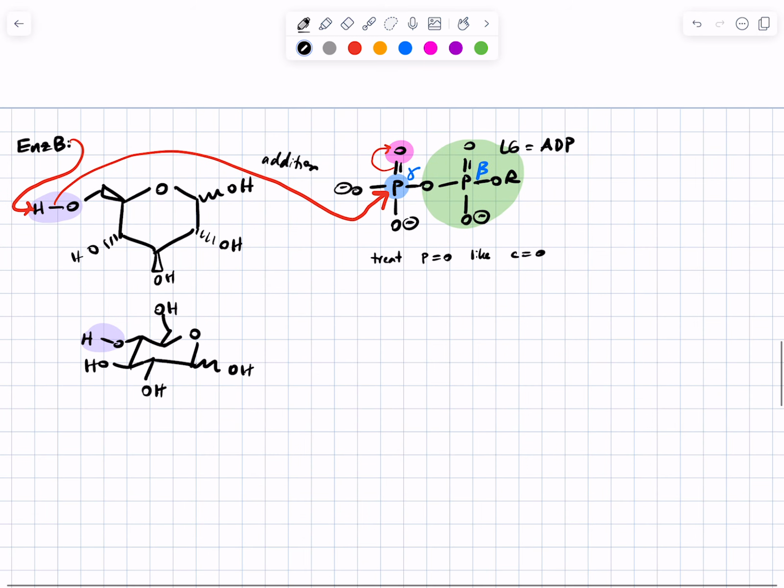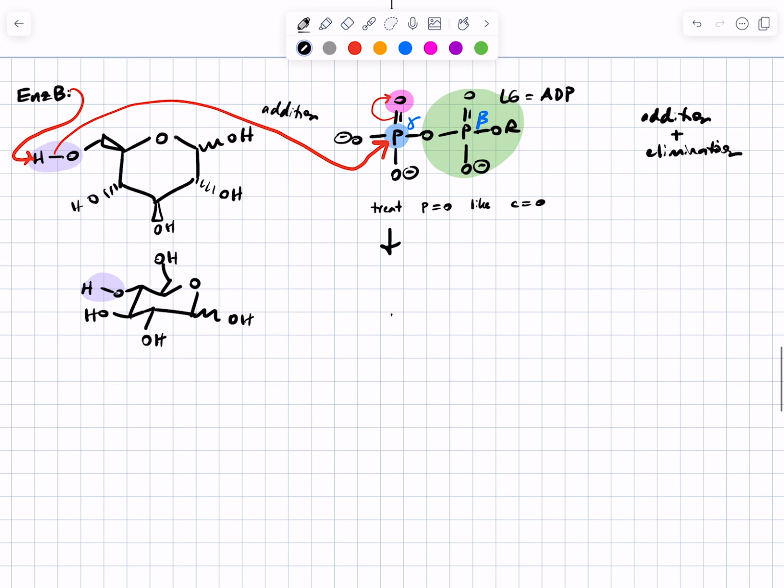So for phosphoryl chemistry, rather than doing direct substitution, you're going to do addition plus elimination. At this stage, I draw the intermediate in which phosphorus is bonded to 5 different things.